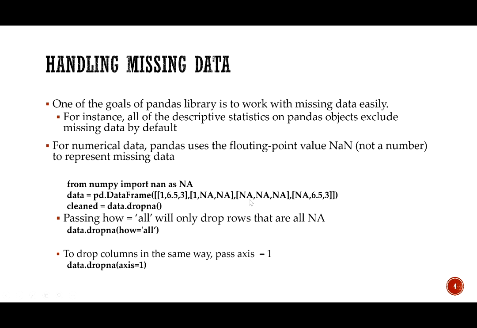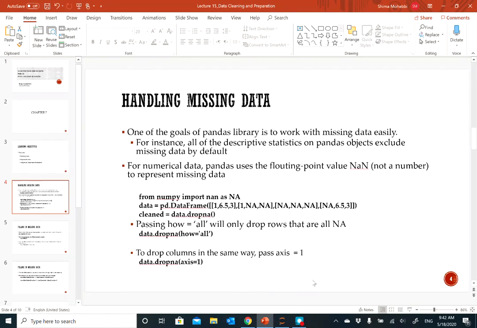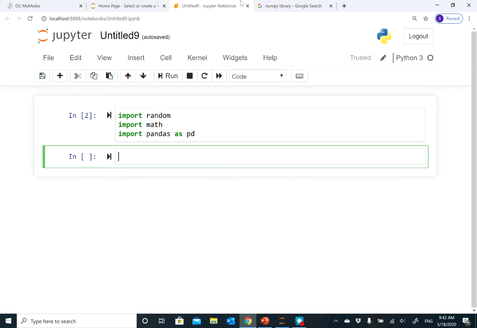So, for example, here the third row, which has all not a number values. And if we want to drop columns in the same way, then we pass axis equal to 1. So let's run this in a notebook so you can see what the results look like.